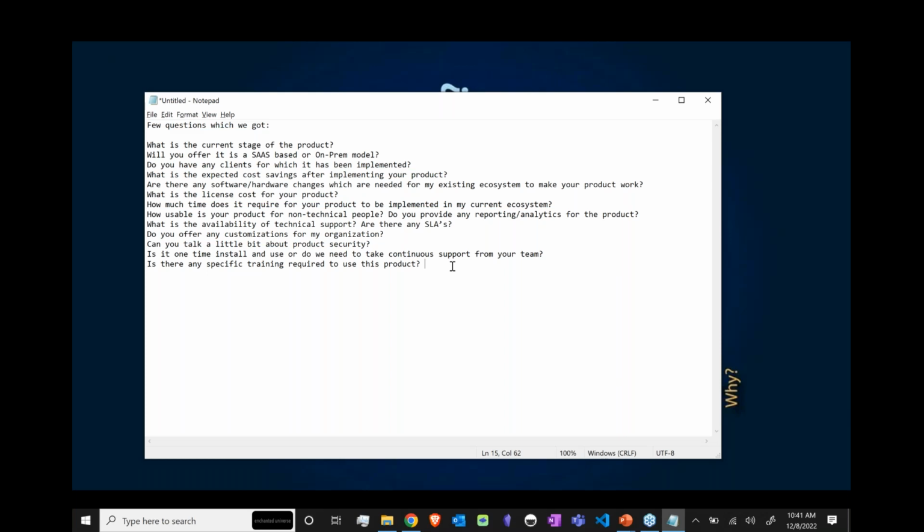So no data is taken out. It's completely designed in a SOC 2 compliant model, starting from our design stage itself. Our entire platform is SOC 2 compliant, and we are undergoing the auditing to get the certification.